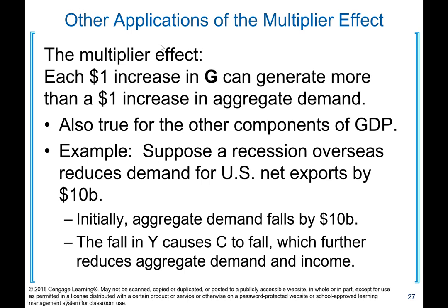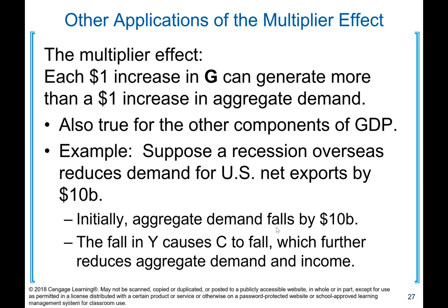The multiplier effect: each dollar change in government spending can generate more than a dollar increase in aggregate demand. This is also true for the other components of GDP. For example, suppose a recession overseas reduces demand for US net exports by $10 billion.